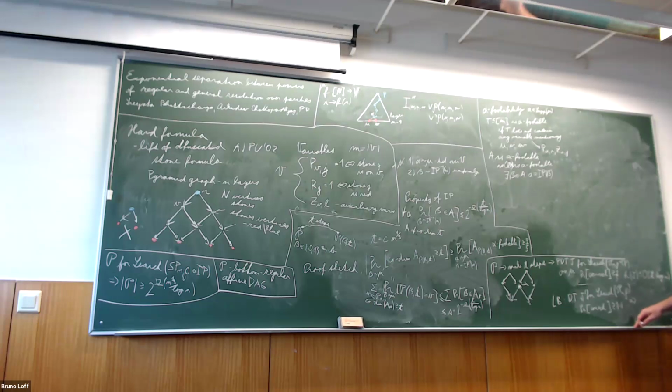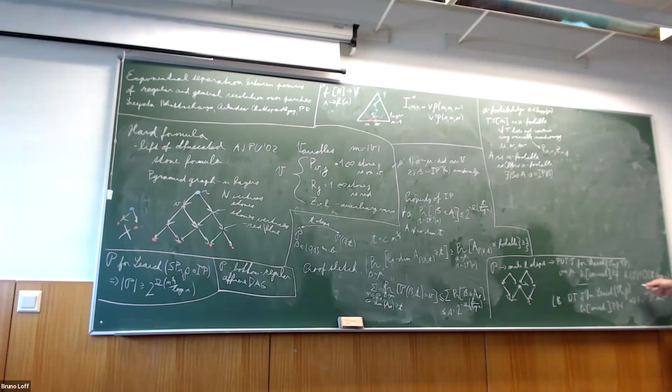If you have a decision tree T prime for this problem, which has a high probability of correctness, then the height of this decision tree has to be at least omega of n to 1/3.